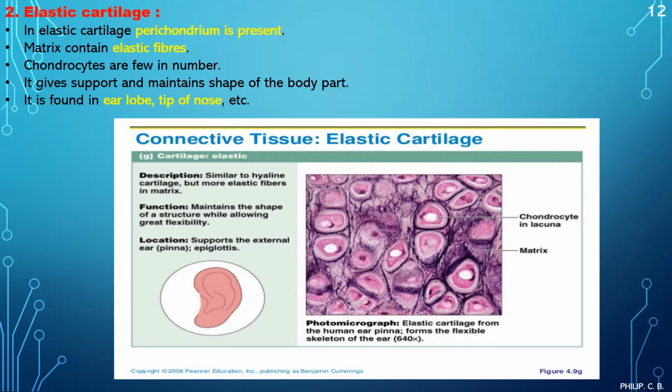Again I put an image of the elastic cartilage, chondrocyte in lacuna and the matrix. A short description is given in the image: similar to hyaline cartilage but more elastic fibers in the matrix. So both are similar but more elastic fibers in elastic cartilage. Function: maintain the shape and structure while allowing great flexibility. Location: supports the external ear and epiglottis.